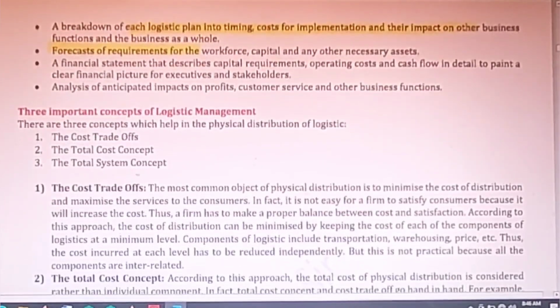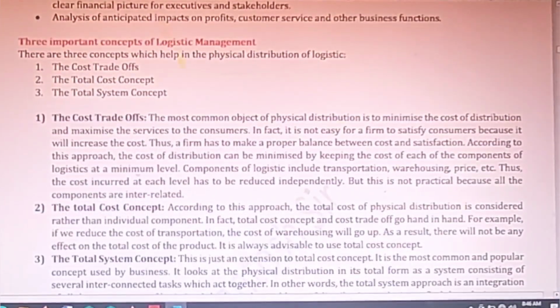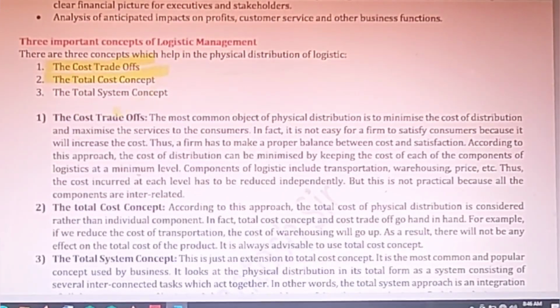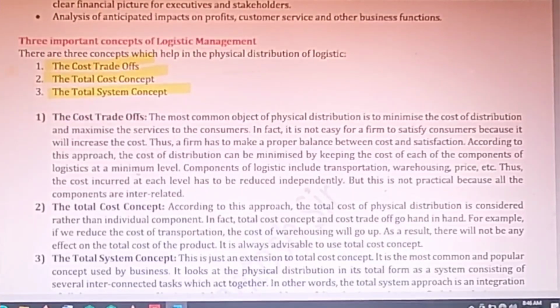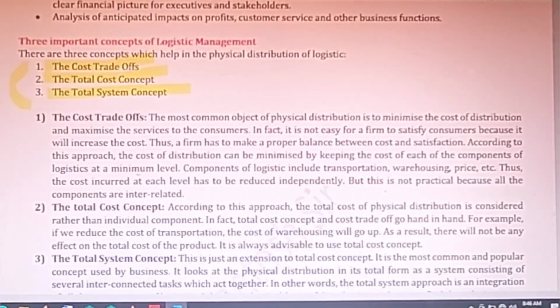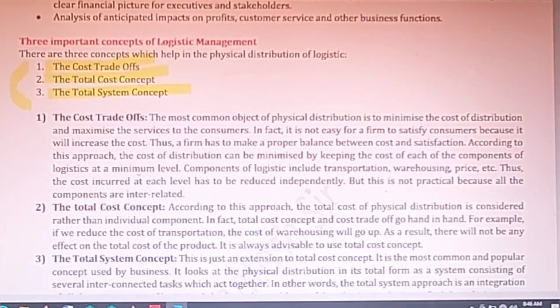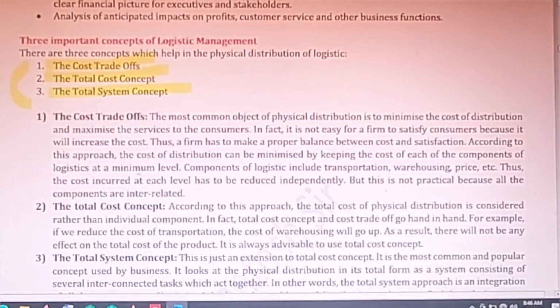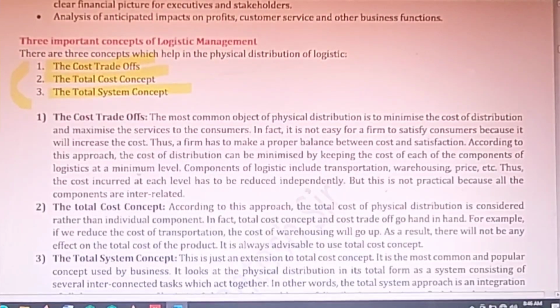Okay. Three important aspects of logistic management: the first one is the cost trade-off, second one the total cost concept, and the total system concept. I have explained this in my previous videos. Cost trade-off involves all the important costs of trading.